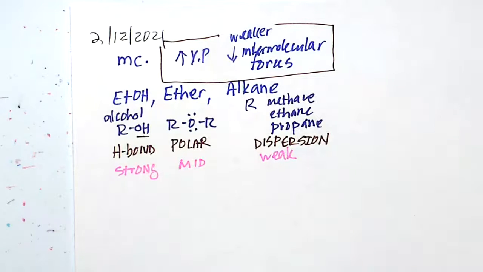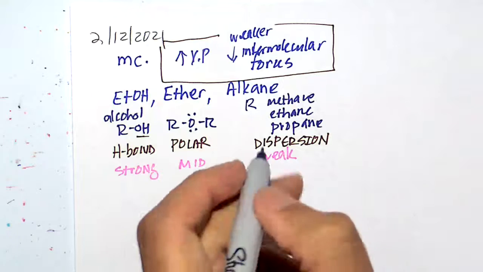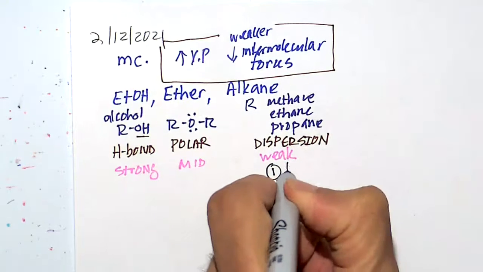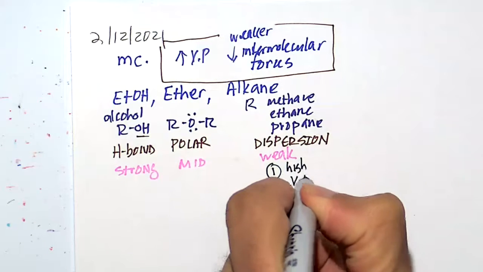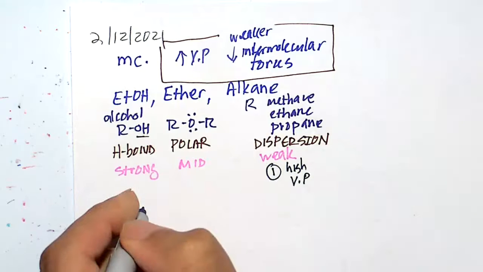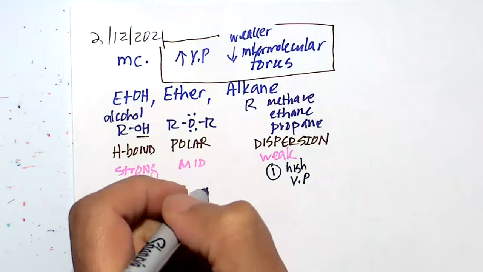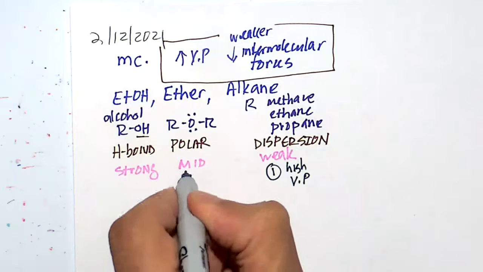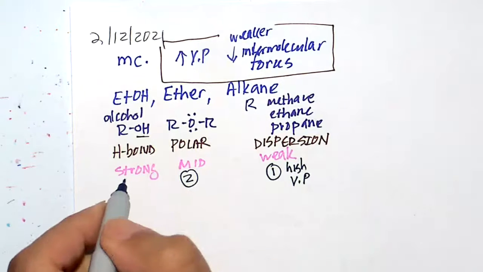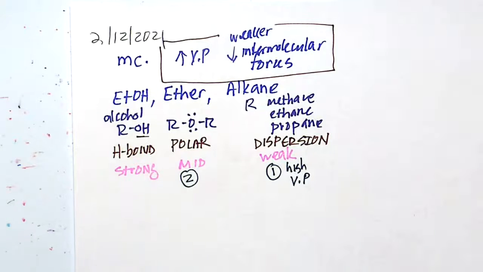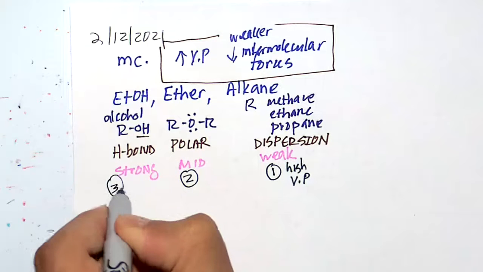So vapor pressure. Which would have the highest vapor pressure? Which would like to go boom? The alkane. So I'm going to label that 1. Which would have the second highest vapor pressure? Even though this is polar, the ether would still have the second highest vapor pressure. And which would have the lowest?